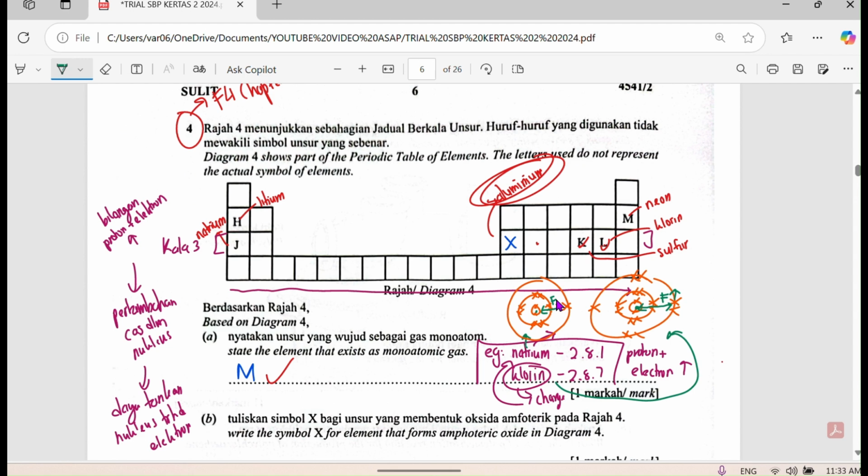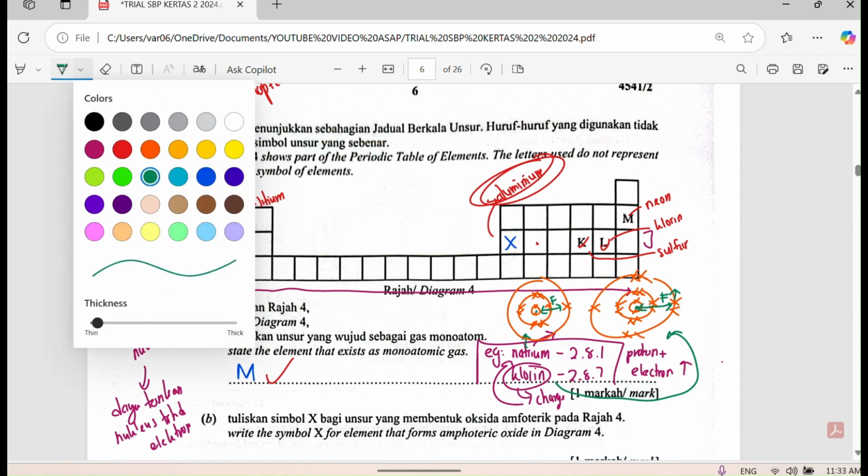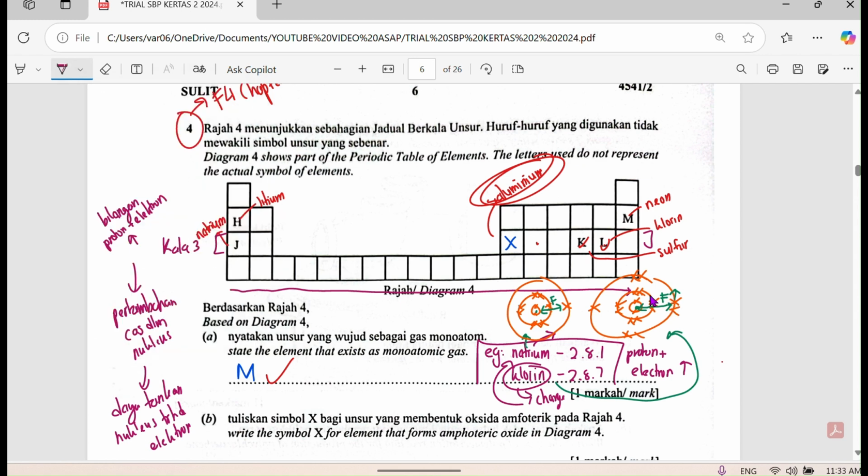So if the force is getting stronger and stronger, this force will eventually pull the electrons towards the nucleus, making the whole size of the atom smaller. Alright? Logical enough? Easy to understand, right?